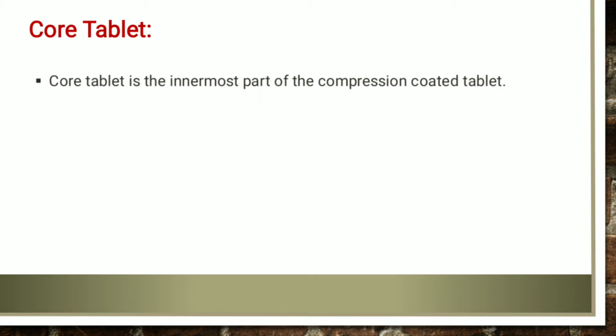So the core tablet is the innermost part of the compression coated tablet. The core tablet in general contains the active pharmaceutical ingredient, which is compressed with additives compatible with it. The core tablet is always compressed using a smaller punch or diameter. The polymer is selected according to the release of drug required.